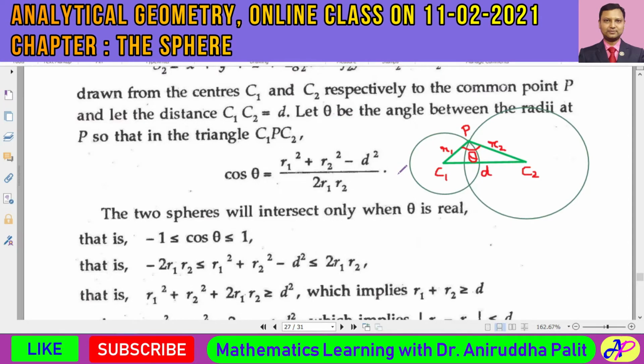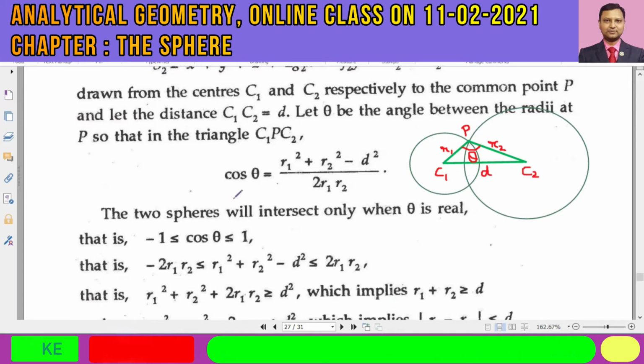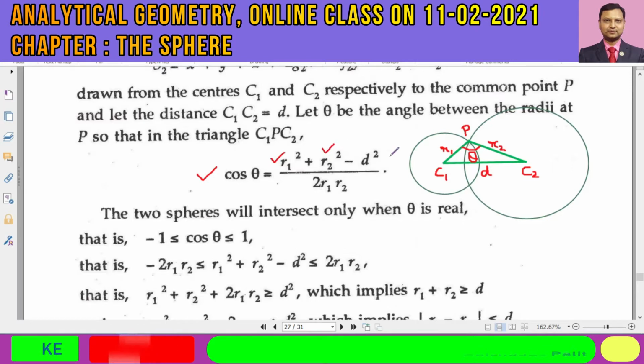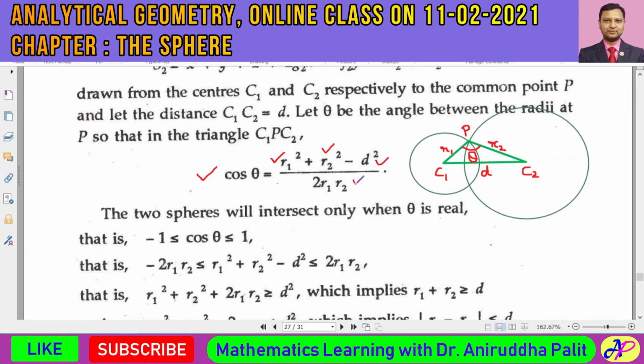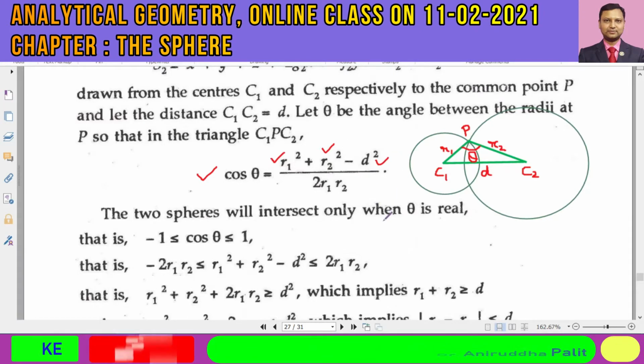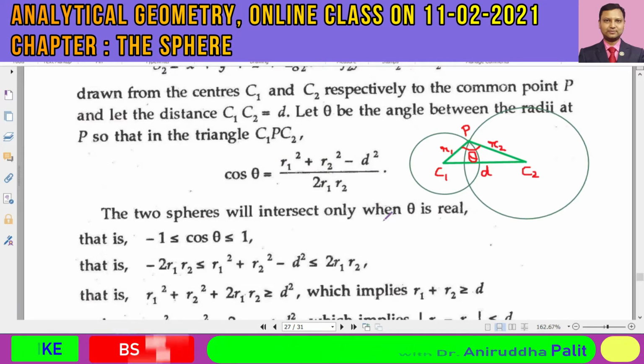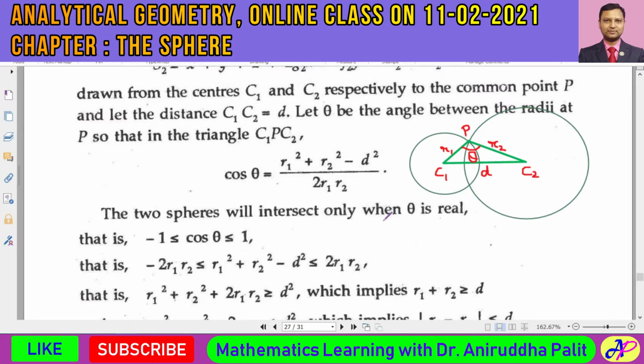From the formula of a triangle, cos theta can be written as r1 squared plus r2 squared minus d squared, divided by 2 r1 r2. So in this way we can find the angle of intersection between these two spheres. And this angle will be a real angle whenever cos theta lies between -1 and +1.